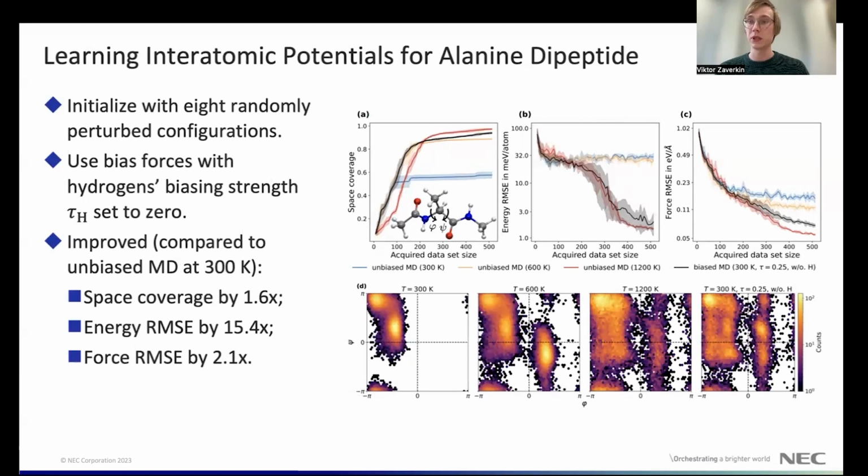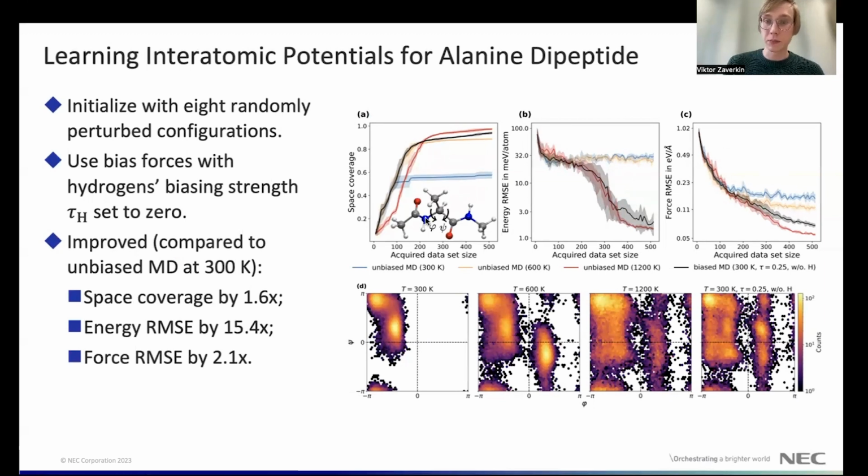I should also mention that we reduce the biasing strength of hydrogen atoms to 0 because we want to reduce these high frequency oscillations, and to make the exploration of the slow modes more efficient.